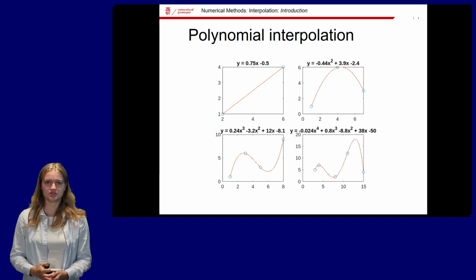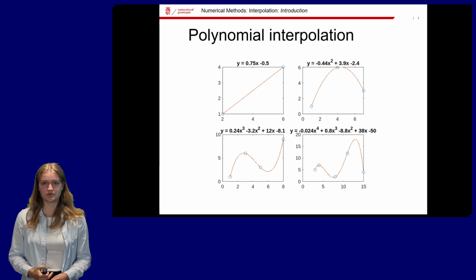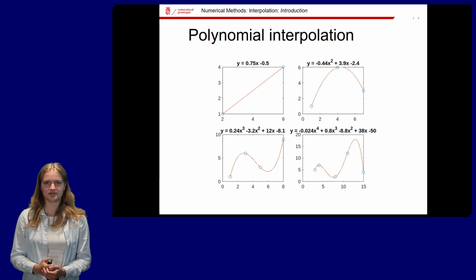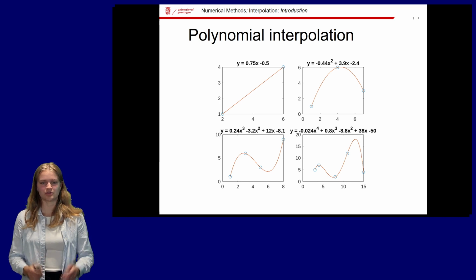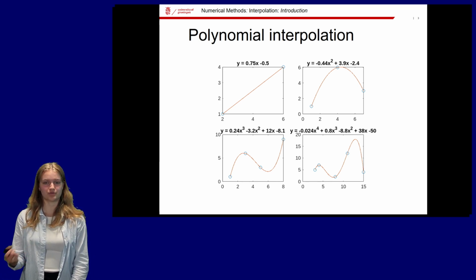In the first, on the top left, you have 2 data points, and therefore you can fit a polynomial of degree 1, thus a straight line, through these points. In the second plot, top right, you have 3 data points with a second order polynomial, therefore a parabola going through the points, and so forth.